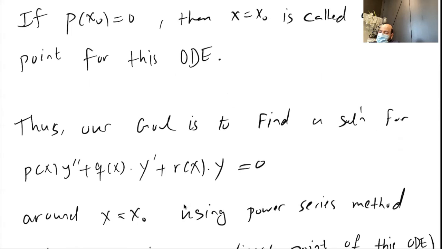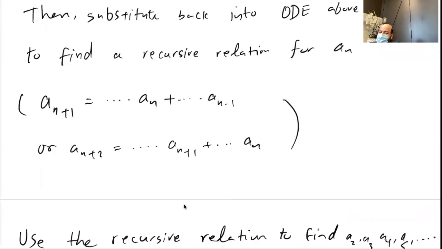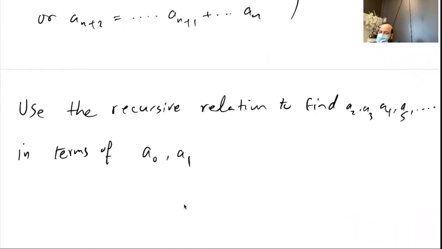The general solution will include two arbitrary constants, which can be found once the initial conditions are given. But if the initial conditions are not given, then the general solution will include two constants. Those two constants here are called A0 and A1. So you're allowed to have two arbitrary constants, A0 and A1, which are the constants involved in your general solution expression. And then you can find the rest of the terms like A2, A3, A4, and so on in terms of A0 and A1.